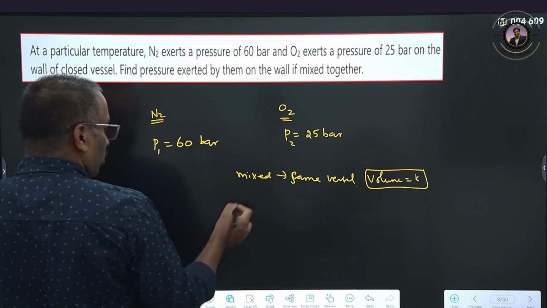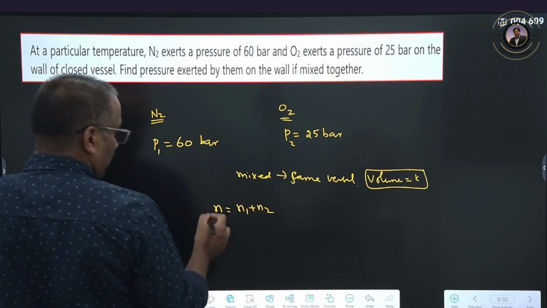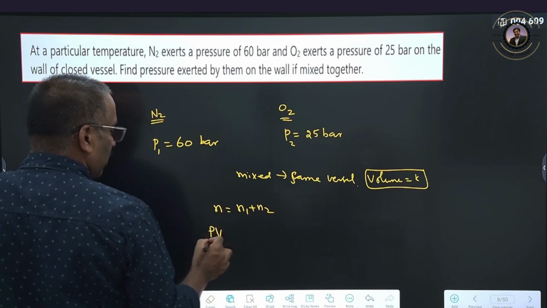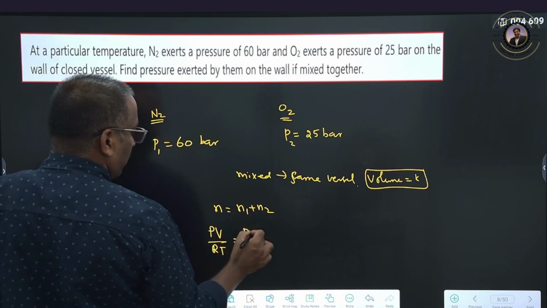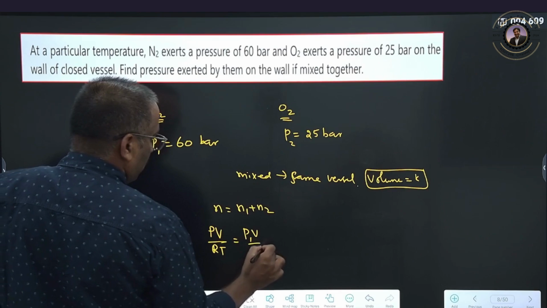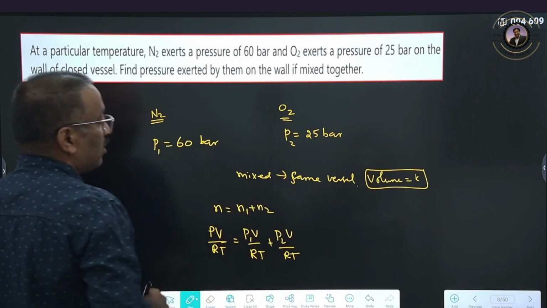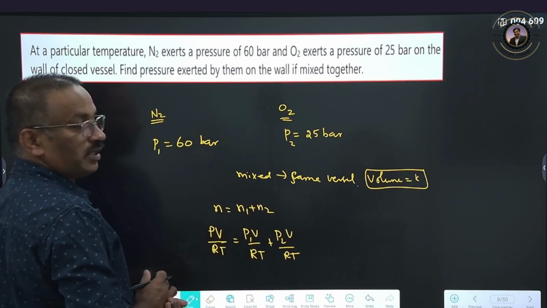So the number of moles we can rewrite as N1 plus N2. You can write the pressure due to this combination in the same volume as P equals P1 V by RT plus P2 V by RT. Volume is the same in all these situations, and temperature is also not changing.